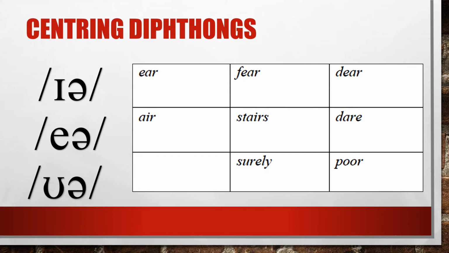So the first diphthong you have here, remember it's a vowel plus the schwa, is the diphthong ia. The second one is the diphthong air. And the last one is the diphthong ua.